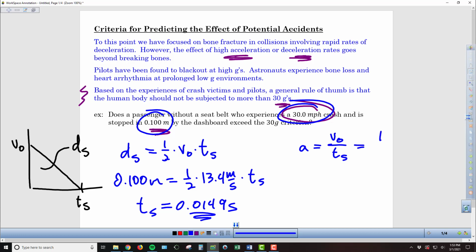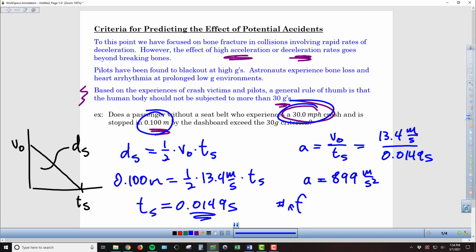And so we've got our 13.4 meters per second over the 0.0149 seconds that we just solved for. And so we get a deceleration in this case, if we round to three significant figures, of 899 meters per second squared.